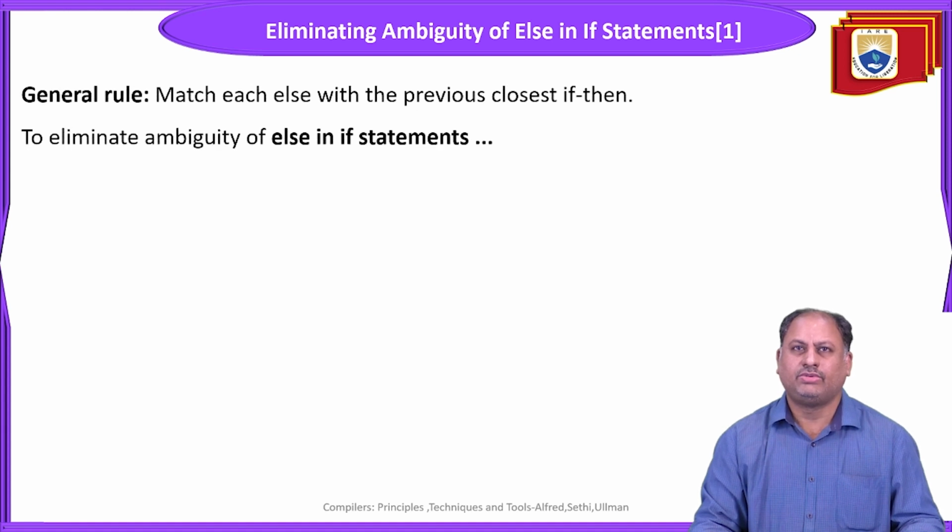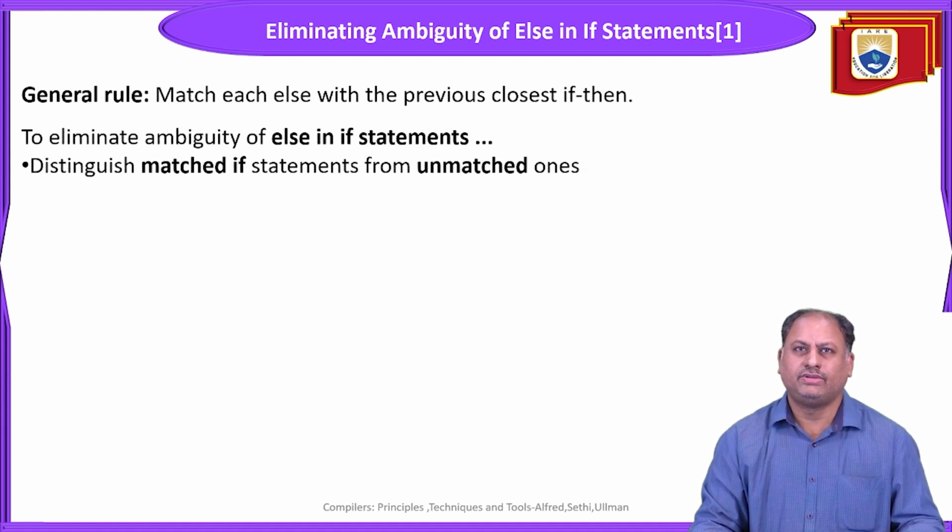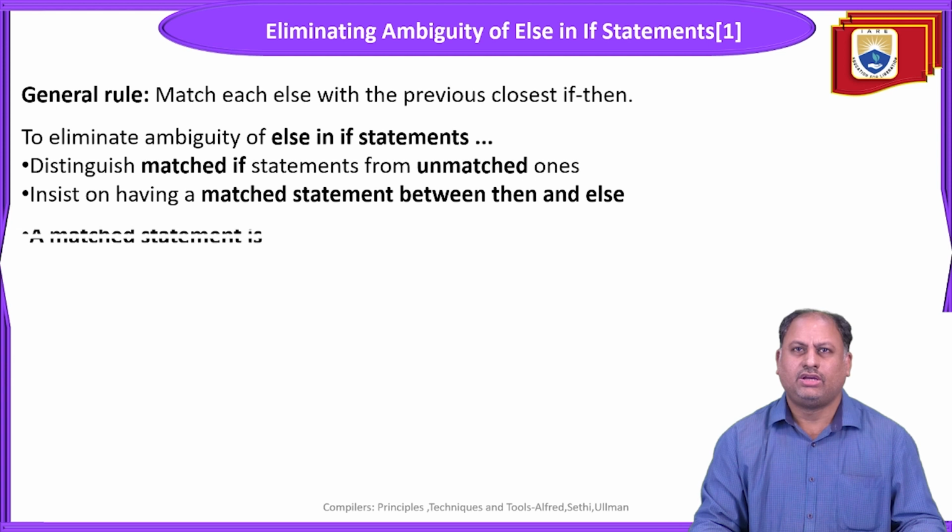Here is one more example: if the derivations exist with statements such as if condition and if then else, then we are going to mark it as a statement notation, that is else with the closest if statement.